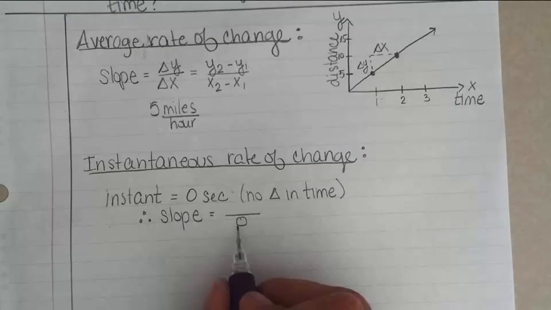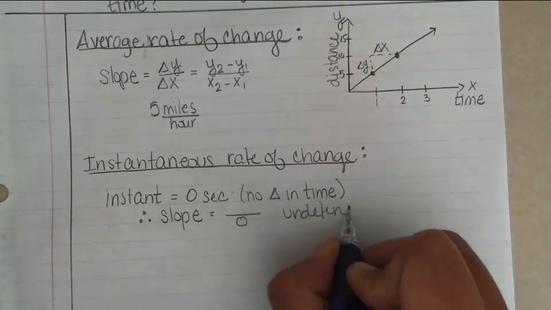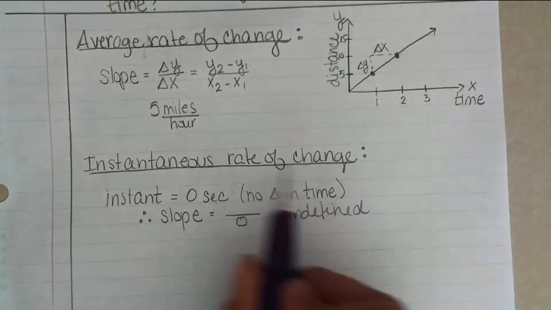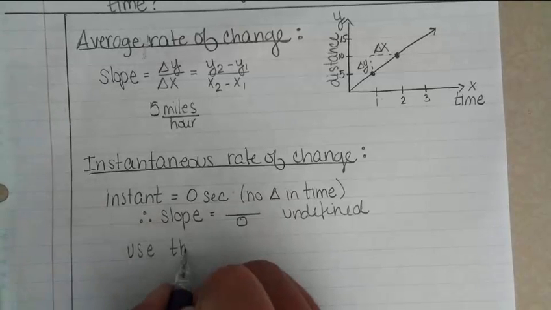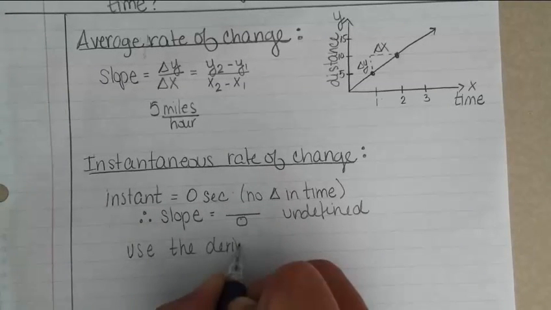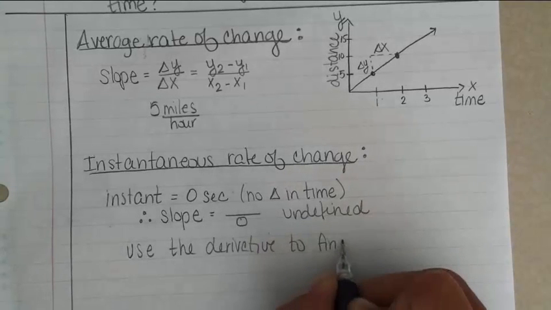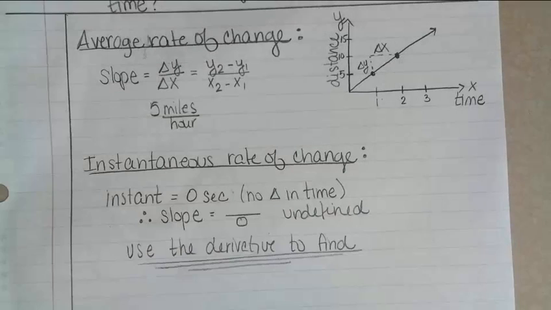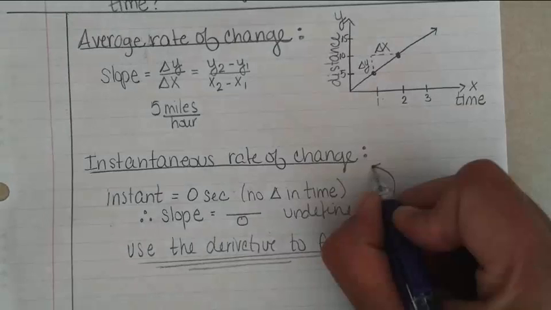You can't have a 0 on the bottom, right? This is undefined. Which is where calculus comes in. So we're going to learn to deal with this concept. We're going to use the derivative to find the instantaneous rate of change. So this will come, I promise. It just won't come immediately. Okay? So we'll maybe draw an arrow to be clear.